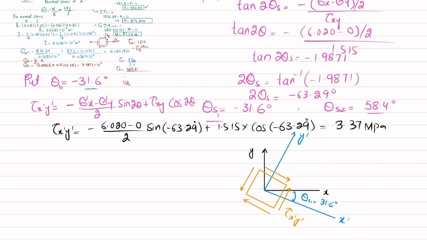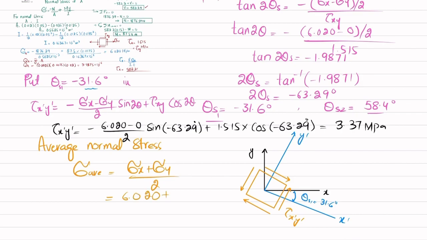With this we also have the average normal stress, and we will also represent it. Average normal stress is equal to sigma x plus sigma y divided by 2. So 6.020 plus 0 divided by 2 will give you the average. So the average normal stress comes out to 3.01 megapascal. It is positive, so it should be in the positive direction.